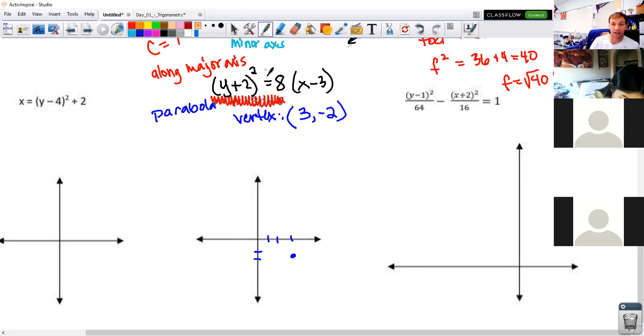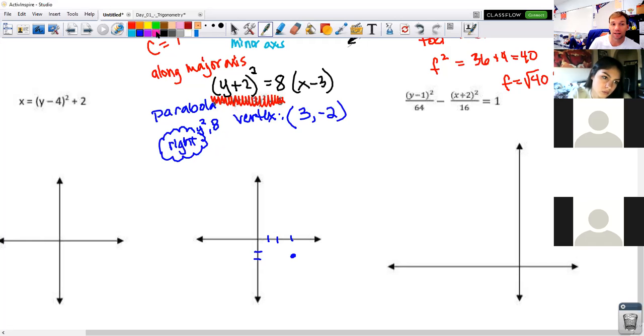This number 8 is positive and y is squared, so this graph is going to open to the right. It opens to the right because it's y squared and because we have a positive factor outside of your non-squared parenthesis, in this case the x. So this means it's opening right.